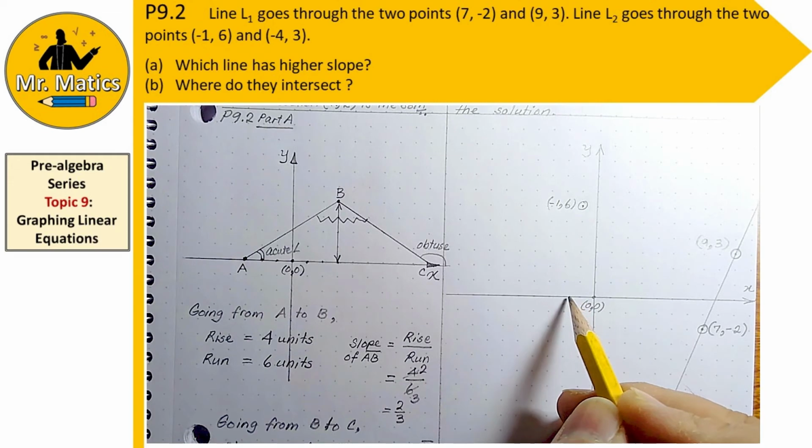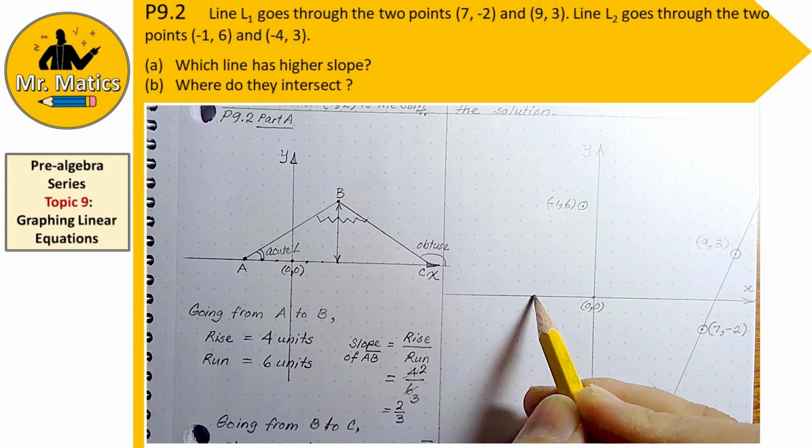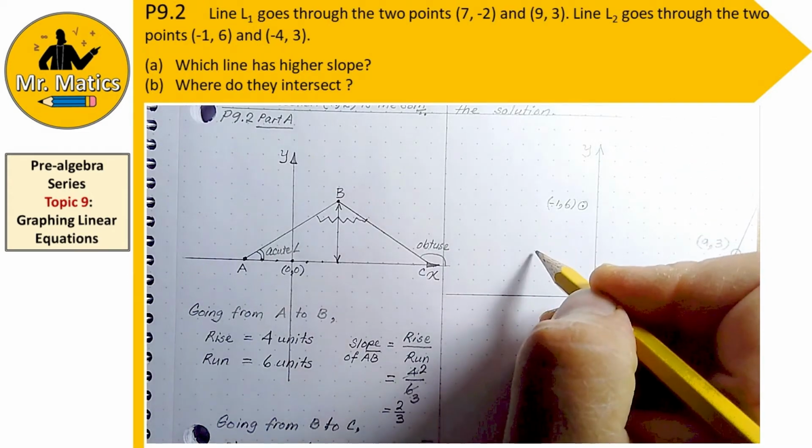So 1, 2, 3, 4, that will be -4, and comma 3 in the positive direction. 1, 2, and 3.